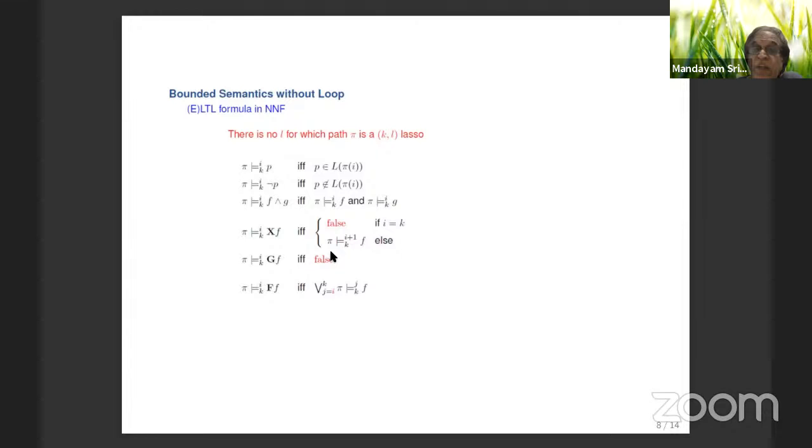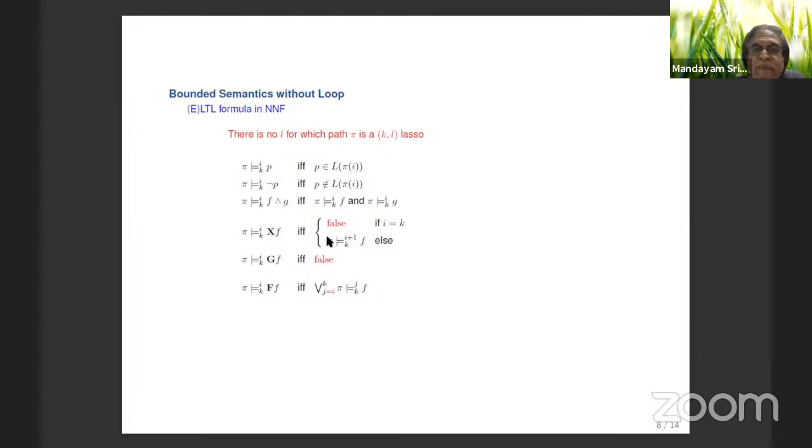But if I is less than K, then it is defined recursively in terms of the suffix starting from I plus 1. Clear? Any questions?